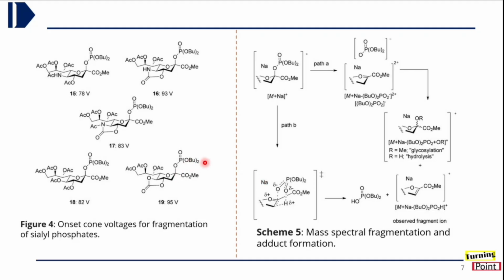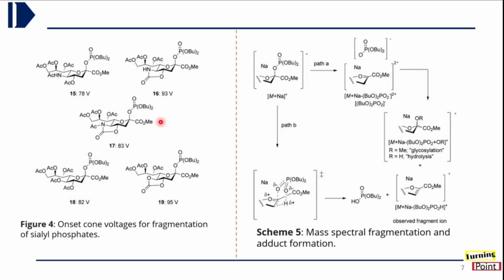Then they gradually increase it, and in the case of the cyclic protecting group containing both OH, no nitrogen, the maximum fragmentation voltage of 95 is needed. In that case, they observe this cation and then this anion as M plus Na.